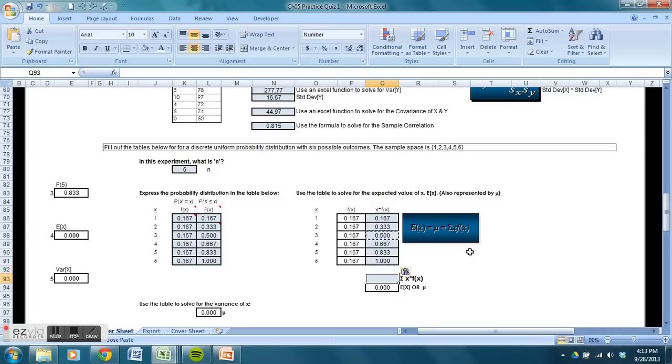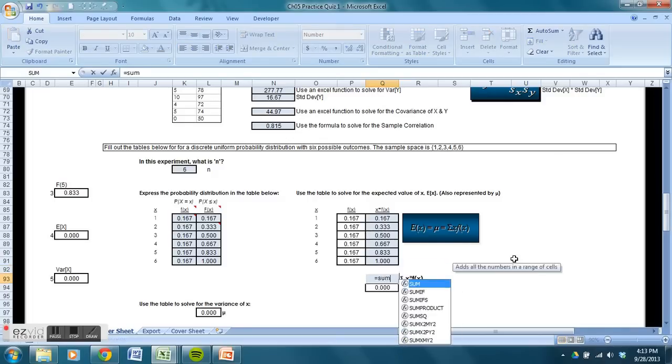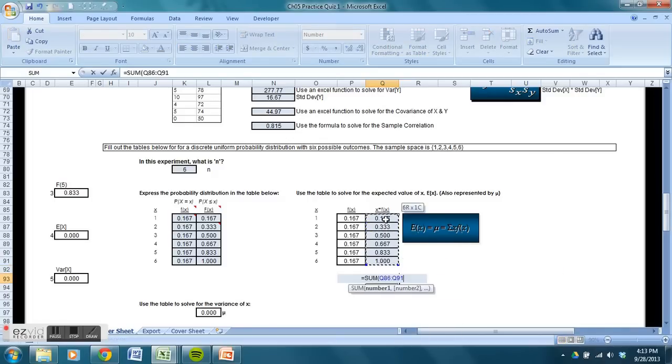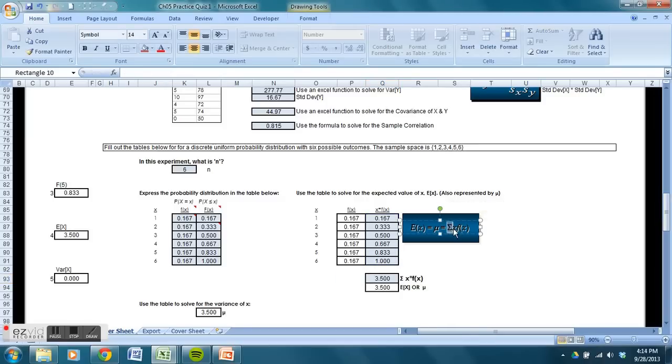And now the expected value is going to equal the sum of all of those instances. We know that from the summation thing. We take the sum of all the instances of whatever's after the summation. That would be these guys. There we go. And that's what expected value equals.